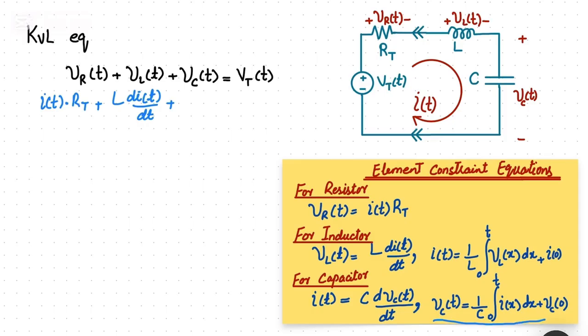Vc of t can be written in the form of I of t using this equation. So this equation would be 1 over C integral from 0 to t of I of x dx, plus Vc0, is equal to Vt of t.